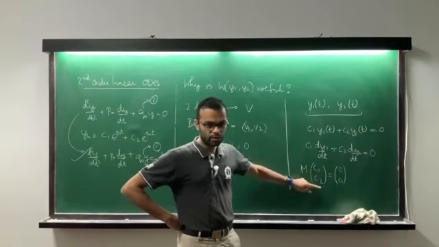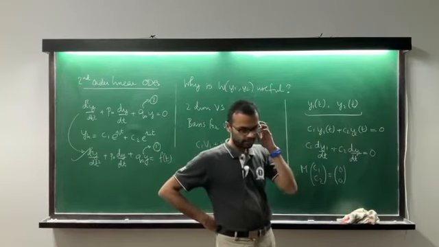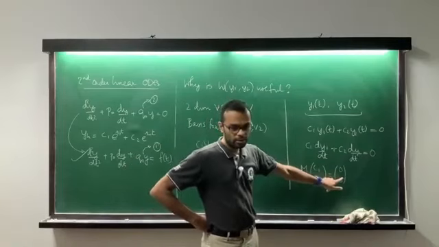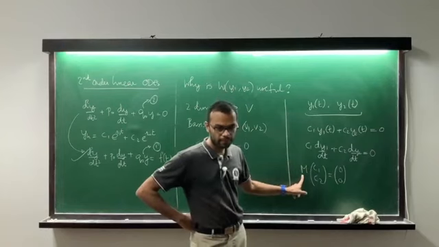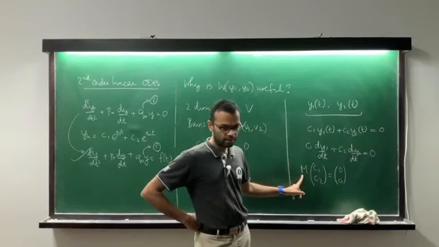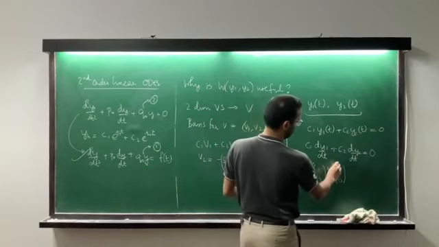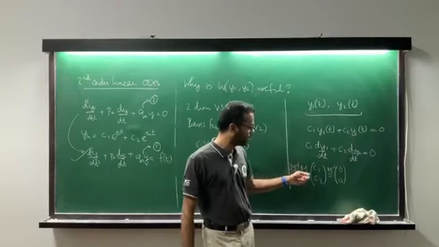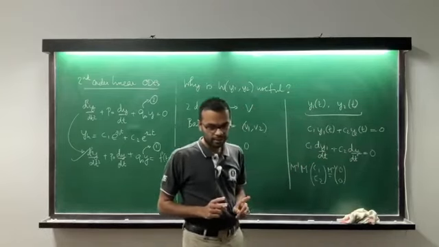If c1 and c2 are not both 0, then I can write y1 in terms of y2. In order for c1 and c2 to both be 0, I should be able to multiply both sides of this equation by the inverse of m. So m inverse m gives you the identity, and m inverse times the 0 vector gives you 0. So (c1, c2) will give you (0, 0), that is when they are linearly independent.